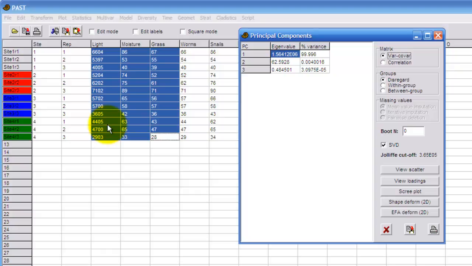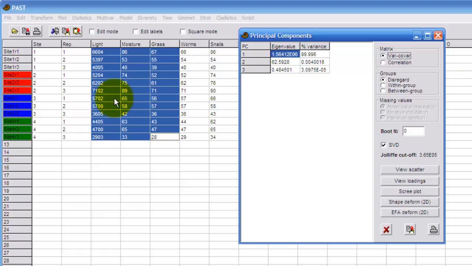Moisture is a percentage, and it could go over 100%, because if the soil was super saturated, there could be more than 100% moisture in there. Grass is a percent, but it can't be more than 100%. When the plot is completely covered by grass, we've got 100%, and it can't go less than 0. So we've got 2 things which are percentages and 1 which is something else.